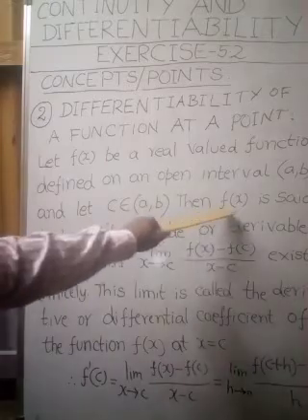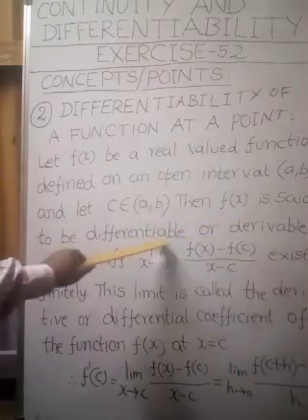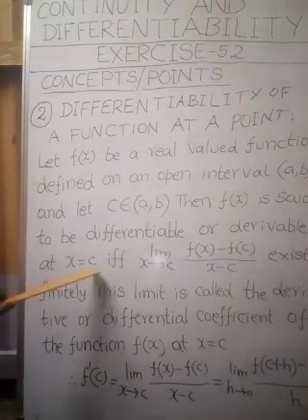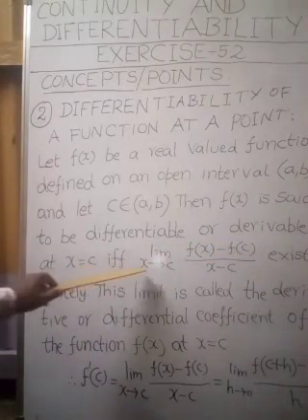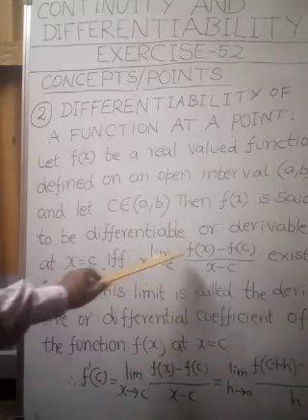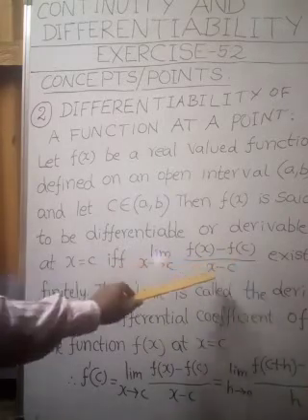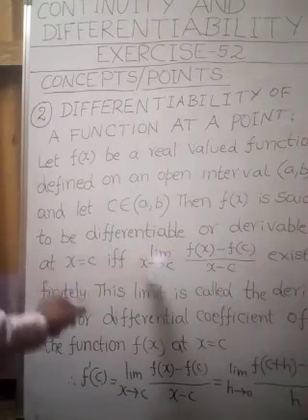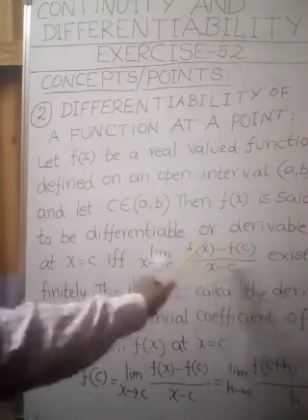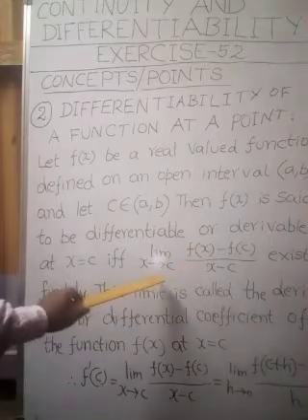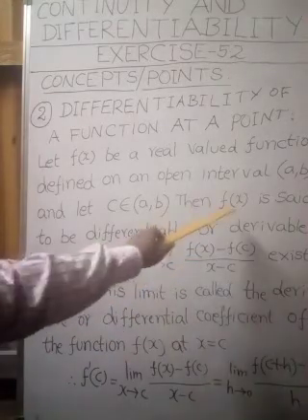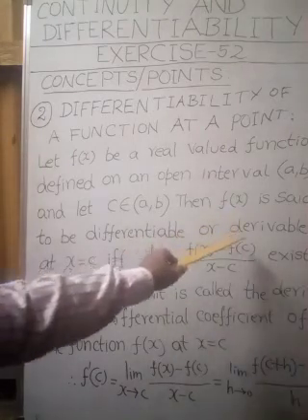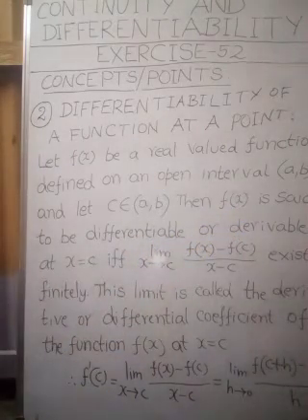Then f of x is said to be differentiable or derivable at x is equal to c if and only if, as x tends to c, the limit of f of x minus f of c by x minus c exists. If this limit is a finite number, then we can say that f is differentiable at x is equal to c, or f is derivable at x is equal to c.